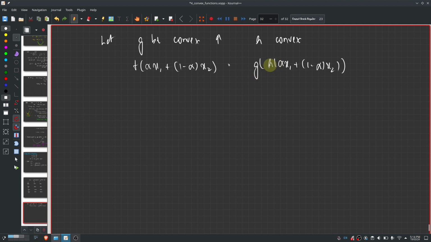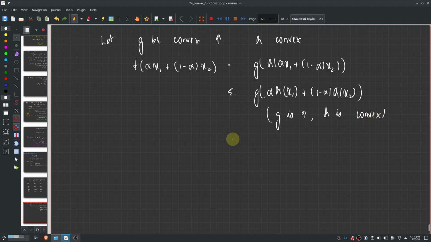So g of this is going to be less than or equal to g of alpha h of x1 plus 1 minus alpha h of x2. So here we've used the property that g is increasing and h is convex.